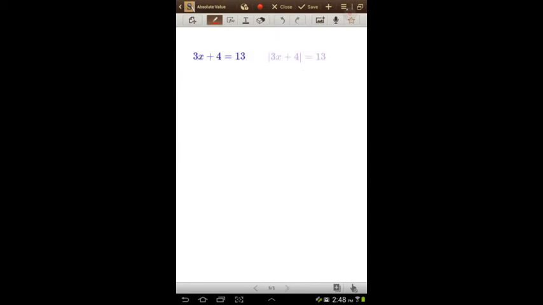I want to say something about this part, because there's always somebody who, I don't know if they don't study enough or what it is, but come quiz day or test day, I can give you these two equations, and there's always somebody who does the wrong thing at the wrong spot. If you're given just the one equation, no absolute values, all you've got to do is solve it like normal.